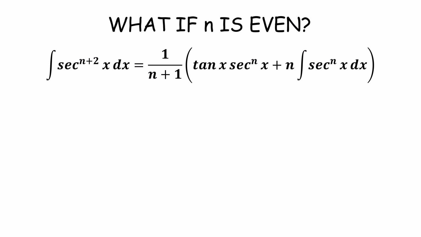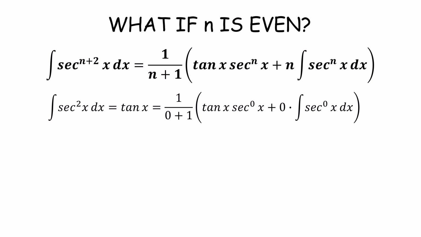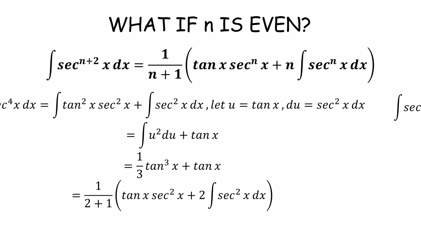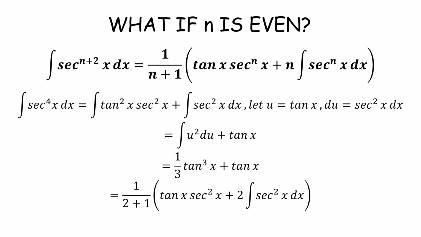So we can try to put some even number into n, like integrating secant squared. And we can see that this case fits the formula. And if we try to integrate secant to the fourth, we can see that it also fits the formula. So we guess that this formula is valid when integrating all powers of secant.